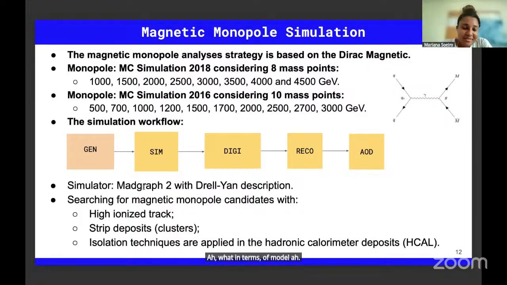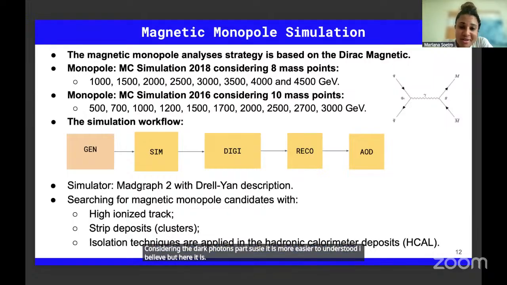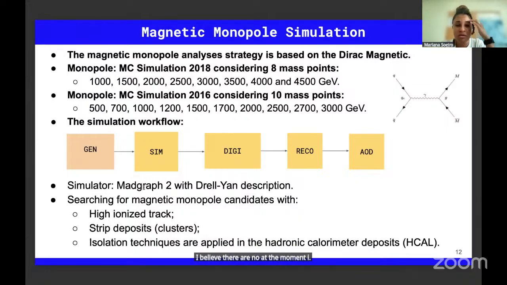It is a test, a practical input for this mass range. Considering the dark photons part and the SUSY, it is easier to understand, I believe, but here it is more tests. At the moment I don't remember the reason those mass points were chosen.